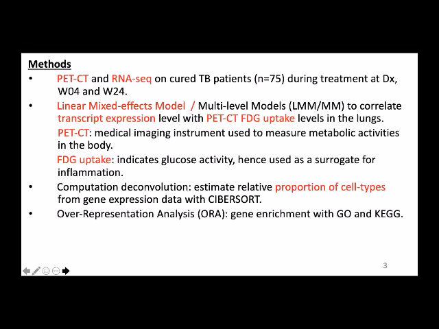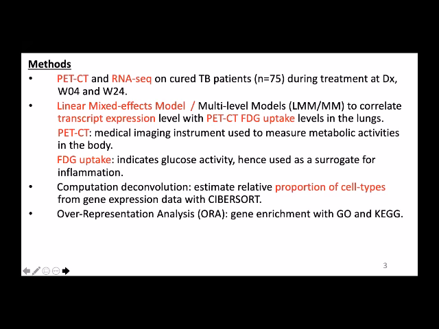So we performed RNA-seq and PET-CT measurements on TB patients that were cured at the end of treatment. We collected the data during treatment at these time points: at diagnosis, month 1, and end of treatment. So we constrain RNA-seq gene expression data to correlate with PET-CT measurement.